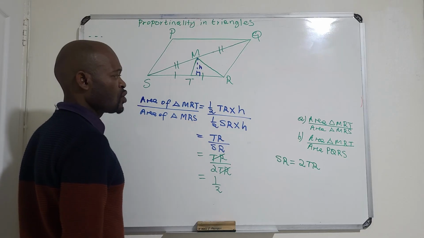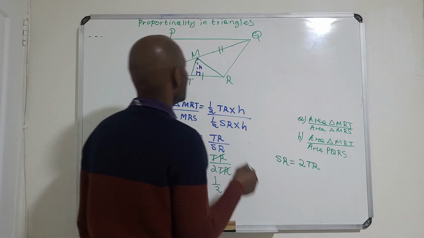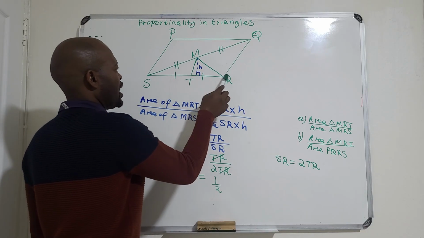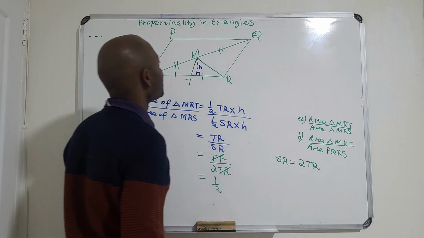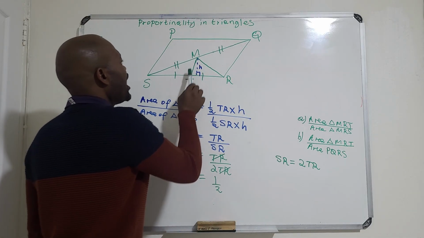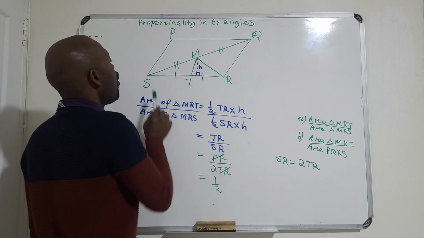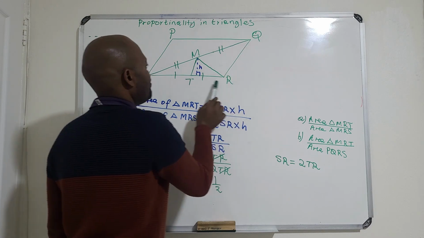Now, since we have got our A, now we need to find B. In B, we are told that we must find the area of triangle MRT over the area of the parallelogram PQRS. We want the area of this triangle over the area of this parallelogram.